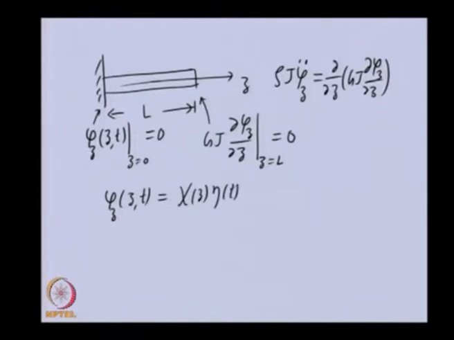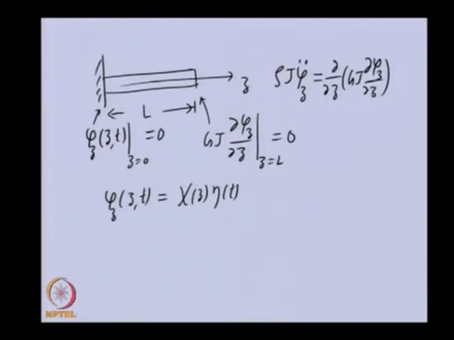One function is purely dependent on the spatial coordinate Z, and the other is time dependent, and this time-dependent function is generally harmonic in nature.